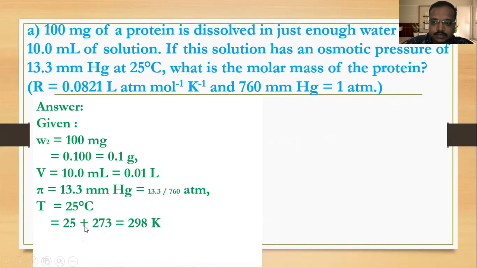From where did this 273 come? 0 degrees Celsius is equal to 273 Kelvin, right? You all are here? Yes, sir. Are you able to hear? Yes, sir. I hope you are following.